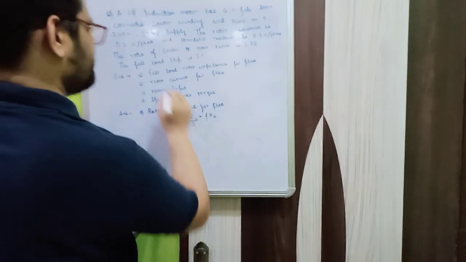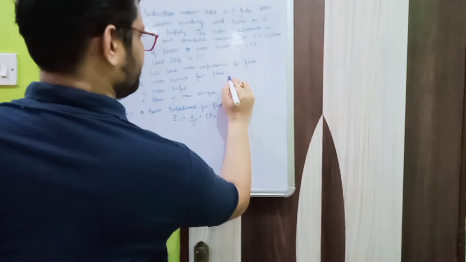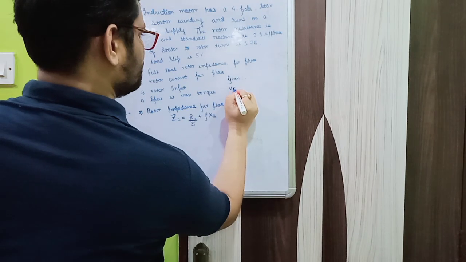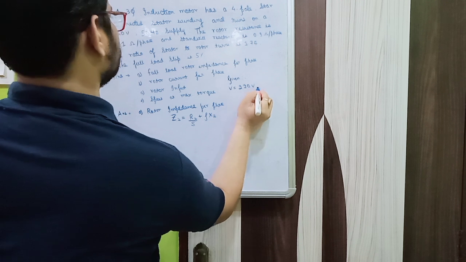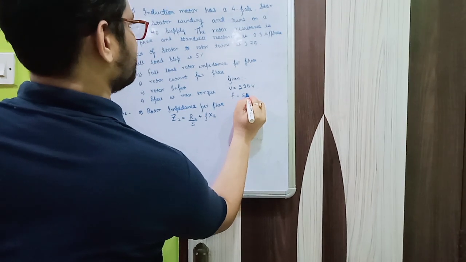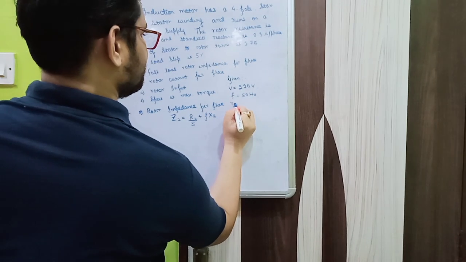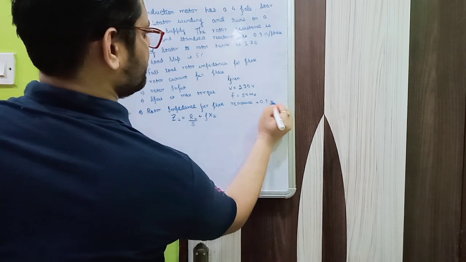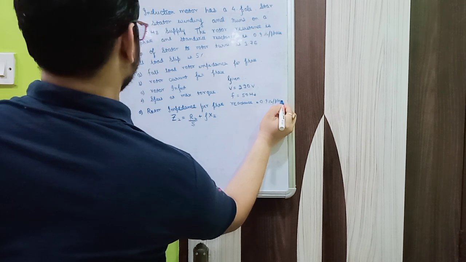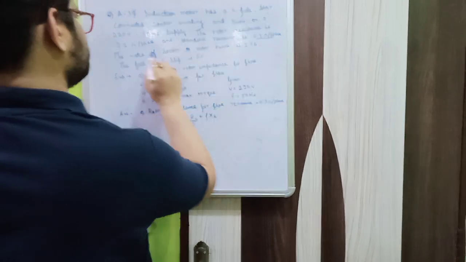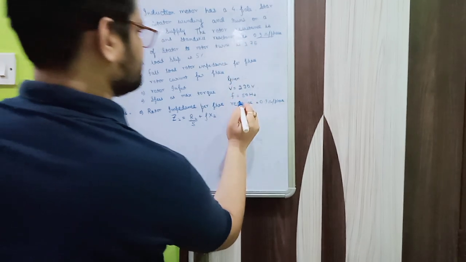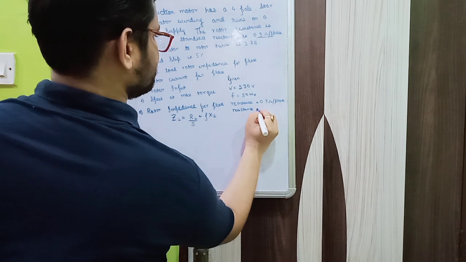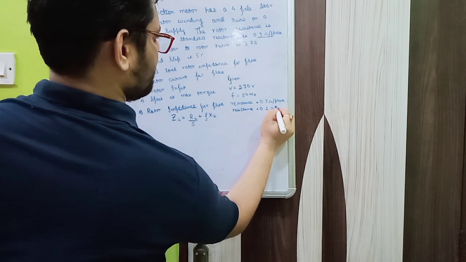First of all, we have to take the given data. What are the given data here? Voltage is 220 volt, frequency is 50 hertz, standstill reactance is 0.9 ohm per phase, and the rotor resistance is 0.1 ohm per phase.